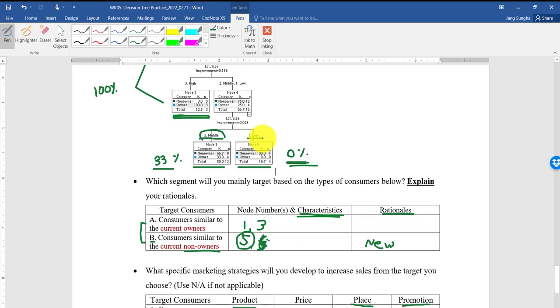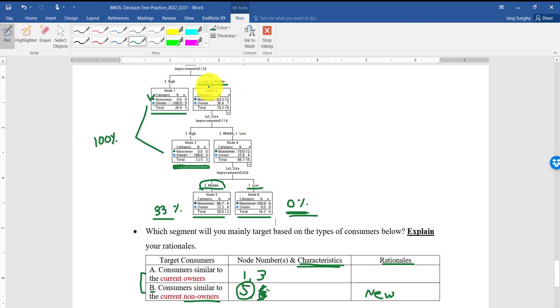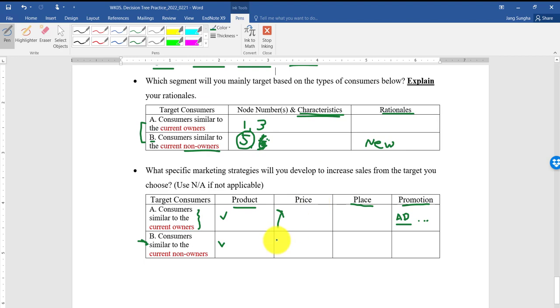Price-wise, I know that they are not rich. Their income level is low or middle, as shown here. So maybe I can provide them some discounts, or make an installment program so that they do not feel burdened when they pay a lot of money at one time.